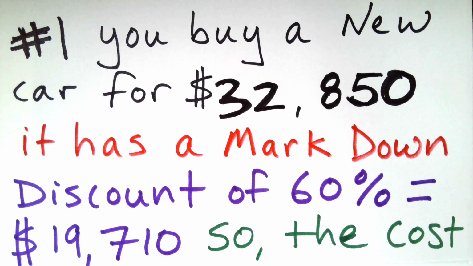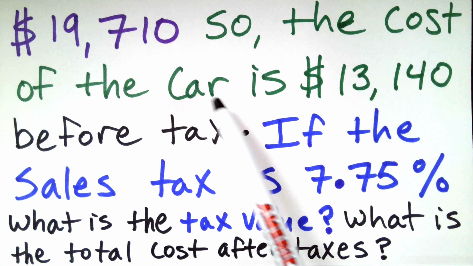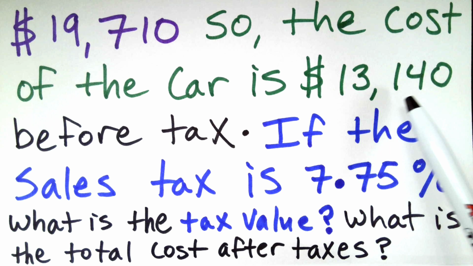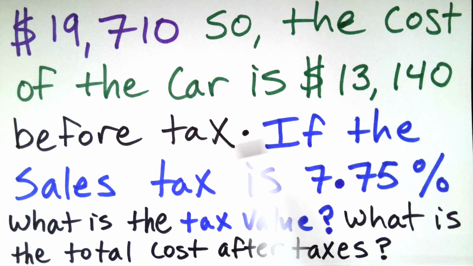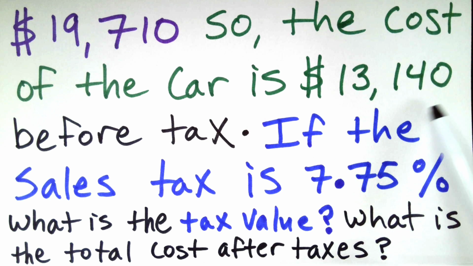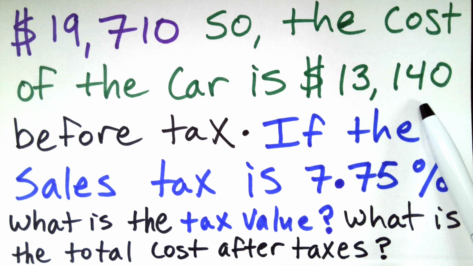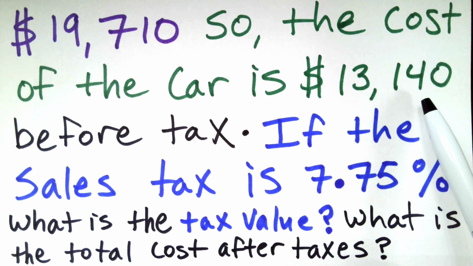So the cost of the car is $13,140 after the discount was subtracted from the $32,850. That's the discounted cost before tax. This is the discounted cost of the vehicle when we subtracted the $19,710 from the original cost of the vehicle.